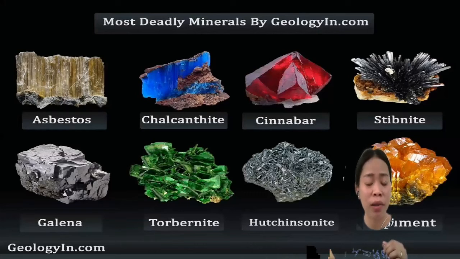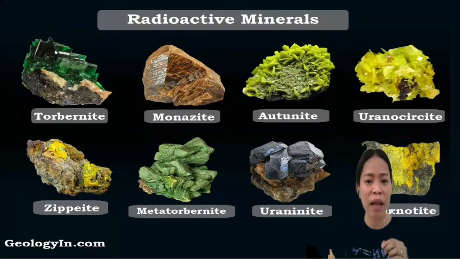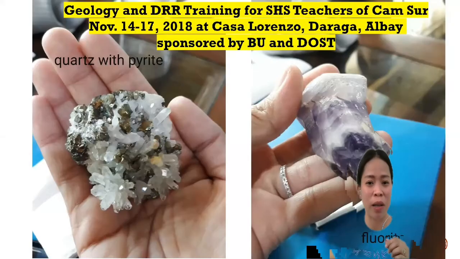Just like asbestos. When it is powderized and you inhale it, it's bad for your lungs. Also, we have radioactive minerals. Look at the colors. Some of them contain radioactive elements, so they are also dangerous when not used properly.